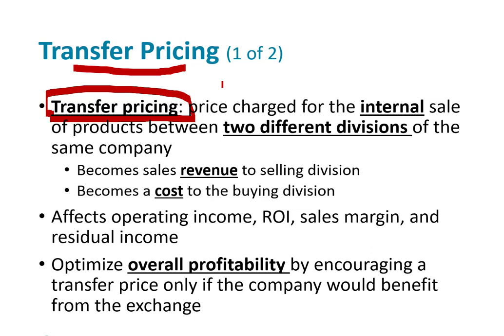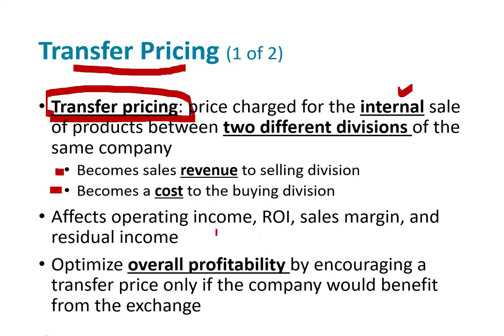Because we're still trying to have the highest ROI, we're trying to have the best operating income possible. And so when we're going to buy within our own company, we want to know what to charge. So transfer pricing is the price charged for the internal sale of products between two different divisions. Obviously it becomes sales revenue for one division, and it becomes the cost of buying something for the other division.